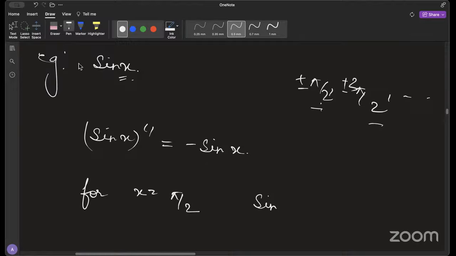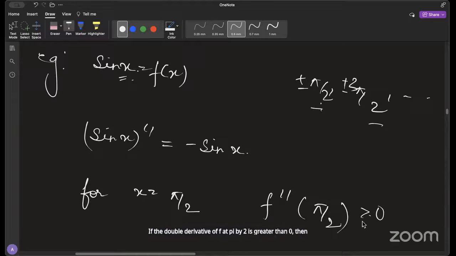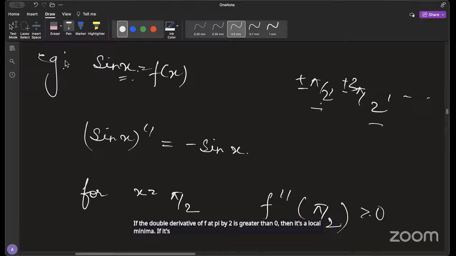So what do you have to find? F double dash at pi by 2. If the double derivative of f at pi by 2 is greater than 0, then it's a local minima. If it's less than 0, then it's a local maxima.